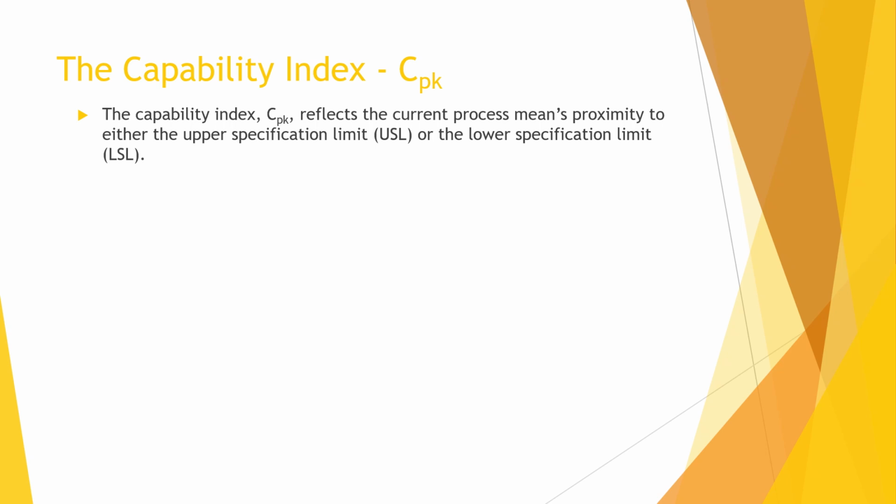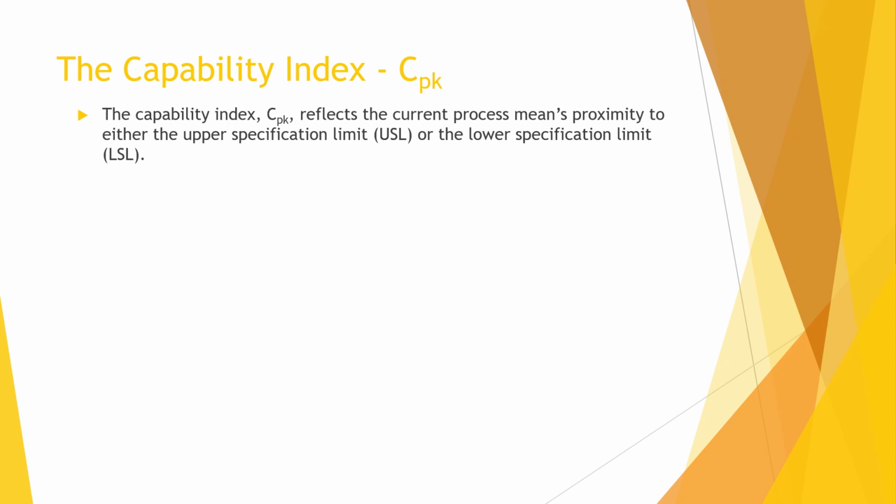So you might have to use other indices. That's the point. So another capability index is CPK. As the average or mean is often not at the midpoint, it is useful to have a capability index that reflects both variation and the location of the process average or mean.